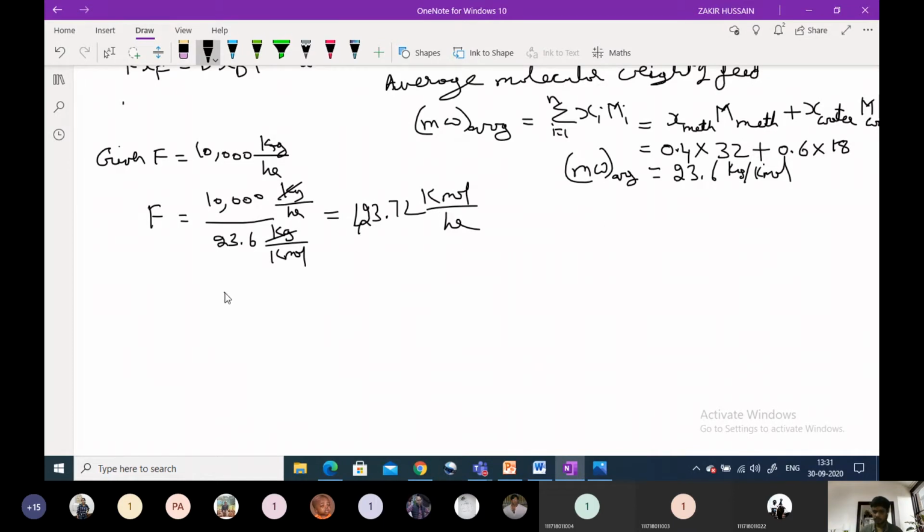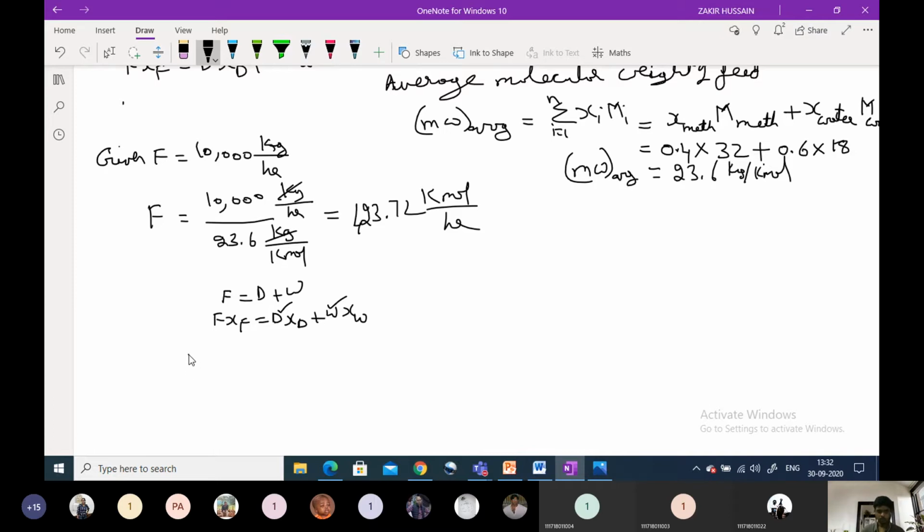So we know the material balance equations. F is equal to D plus W, and F into xF is equal to D into xD plus W into xW. From this, how many unknowns are there? D is unknown, W is unknown, whereas xD, xF, xW and F we know.